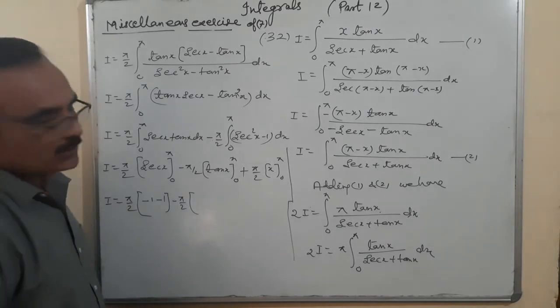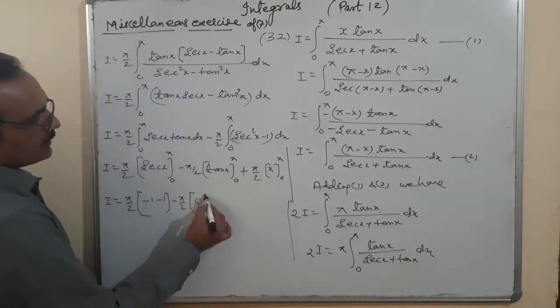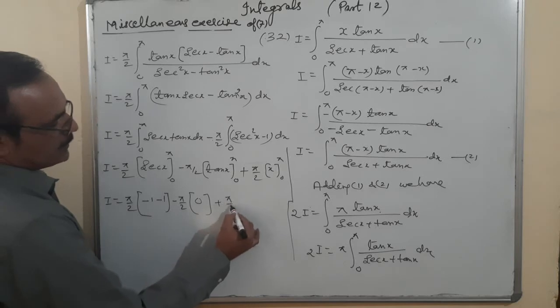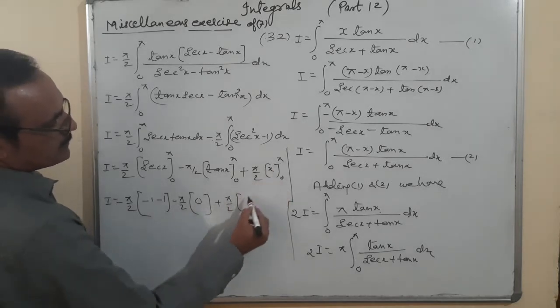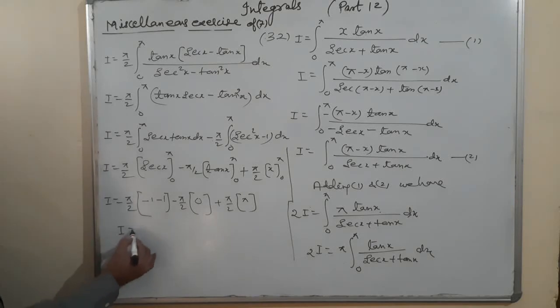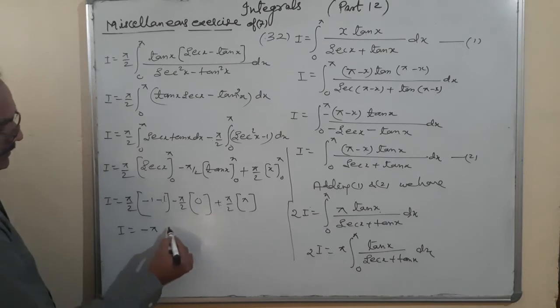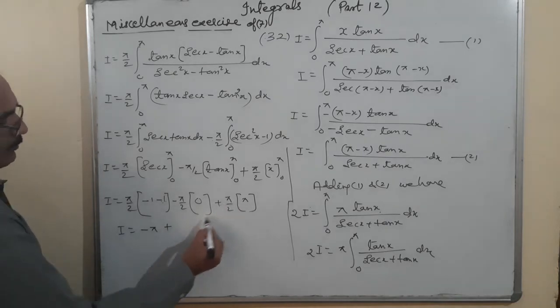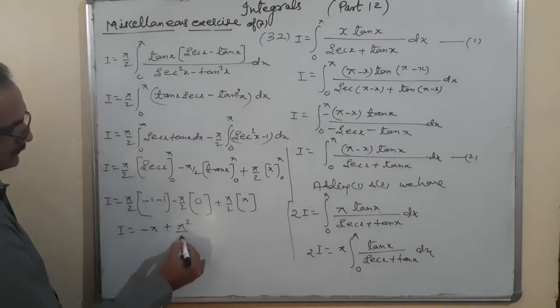Tan 180 is 0, minus 0, plus pi by 2, it is pi. So finally I is equal to minus 1 minus 2, 2 cancel, it is minus pi, and plus pi square by 2.